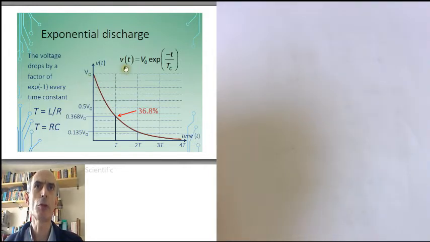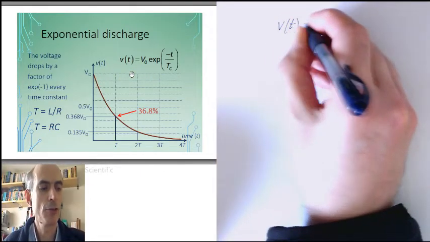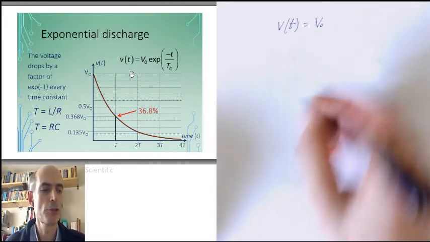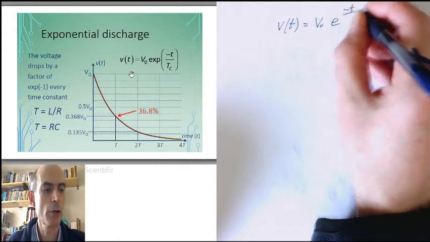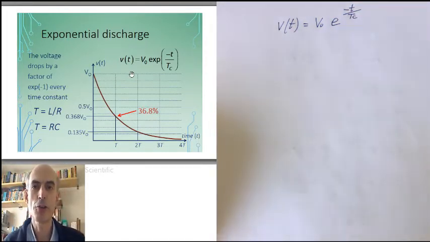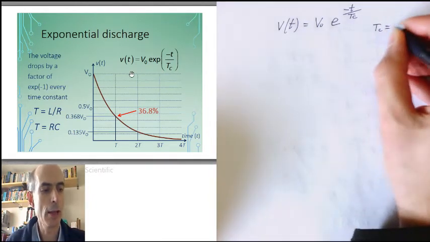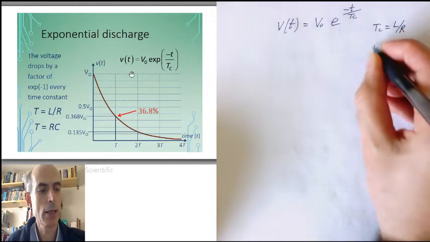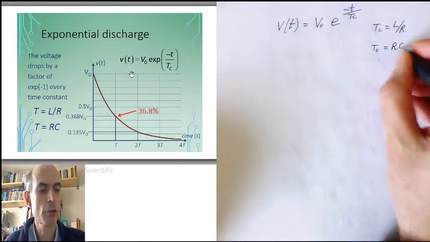And as we saw, in both cases, the graph obeys this general formula that the voltage is the initial value of the voltage times e to the power of minus t over a time constant. In the case of charging up an inductor, the time constant was L over R. And in the case of discharging a capacitor, the time constant was R times C.